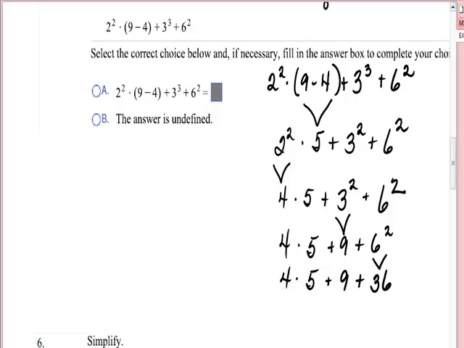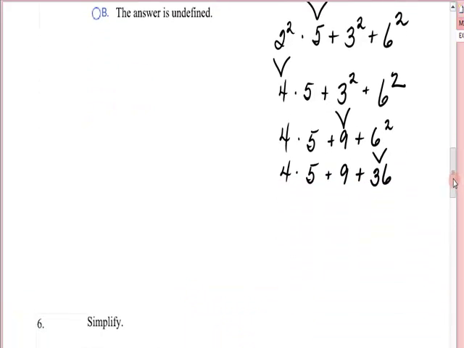Okay, I'm going to get myself a little more work room. All right. Now, I didn't have any parentheses. Exponents, I had 3 sets, did them left to right. Now, multiplication or division, I have one case of multiplication. 4 times 5 is 20. Copy down the rest. And I don't have any multiplication or division. I have addition.